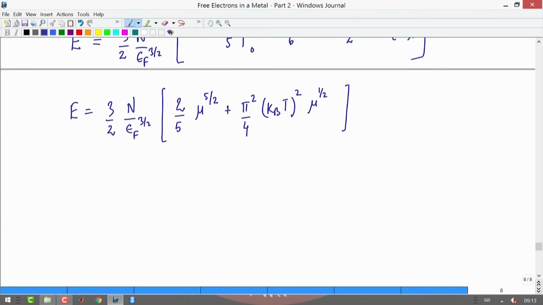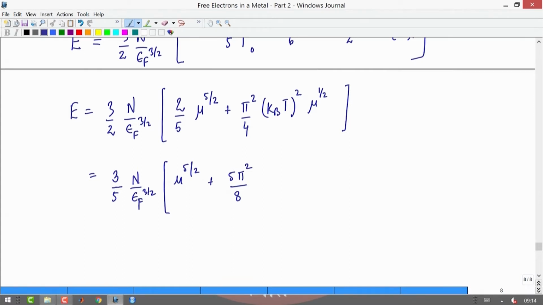Right. So, what we can do here with this expression is to rearrange the terms a little bit, and I can pull out a factor of 2 by 5, that will make it 3 by 5 outside, and this will be E in the denominator, E Fermi energy to the power 3 by 2, and what I will have inside is mu to the power 5 by 2 plus 5 pi square by 8.